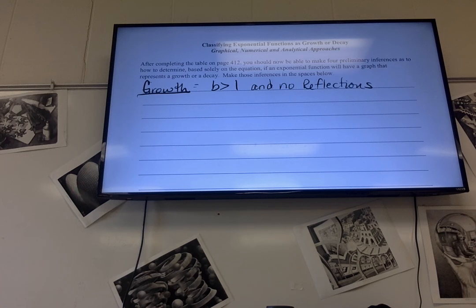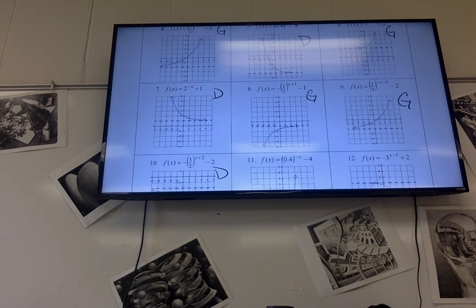Why don't you write that down and I'll scroll back to it. I would say, because if it reflected, wouldn't it be like the opposite? Yes, absolutely right. That's why we have to worry about reflections.